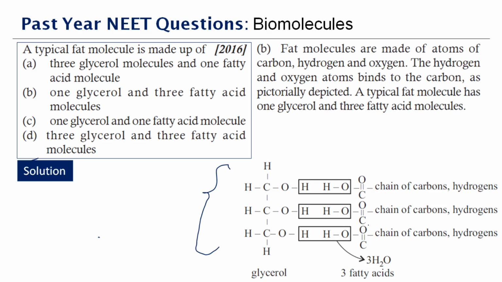Option B is the right answer. So you have the structure which depicts a chain of carbon, hydrogen, and you also have a glycerol to your left hand side. You have a glycerol, then you have 3 fatty acids which are attached to this. You can see it here. So the correct answer is option B.